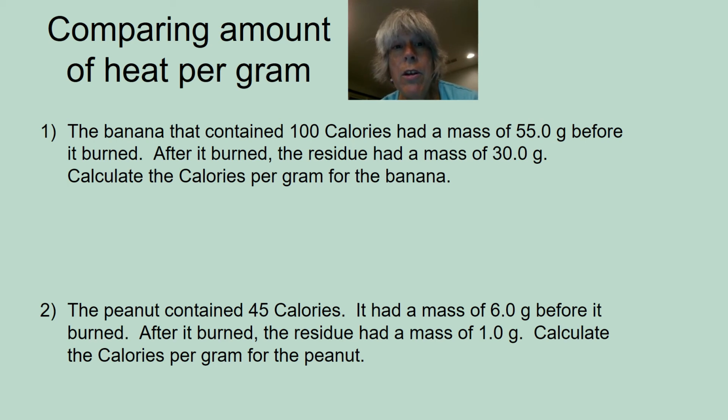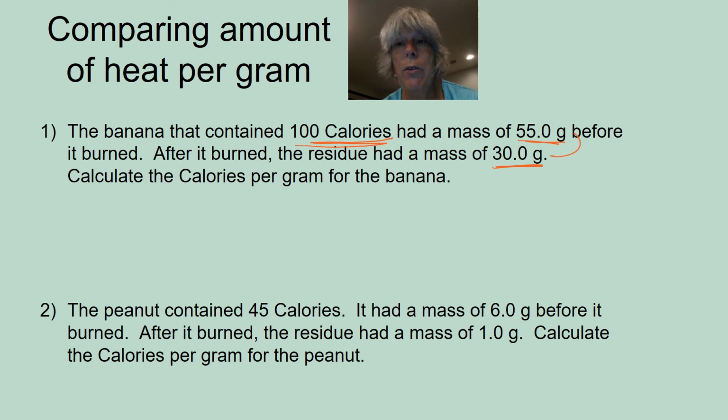So what we're going to do here is we're going to take the amount of calories that the banana had, and the banana, we'll say, had a mass of 55 grams before we burned it. After it burned, some of that mass burned away. We had smoke. When you burn something, it goes into energy and it goes into smoke, and some of the gas vapors go away. So we end up with a smaller mass than what we started with. In this case, we ended up with 30 grams of burnt leftover banana.